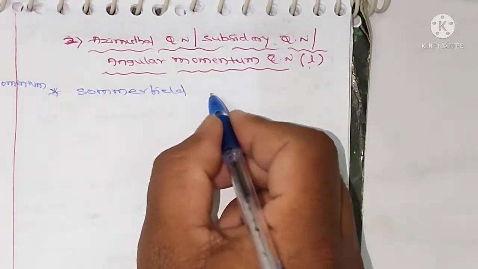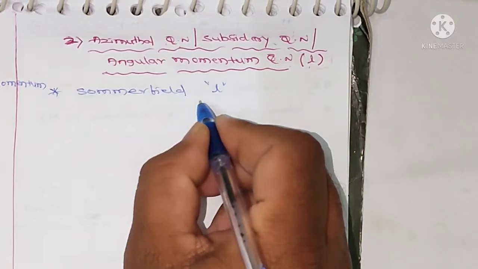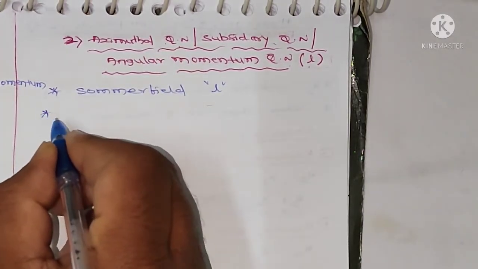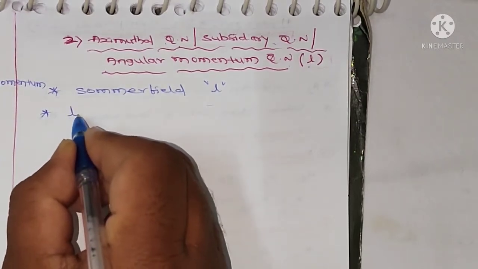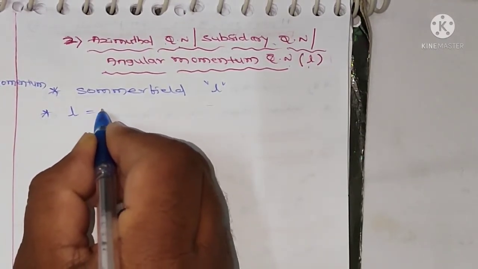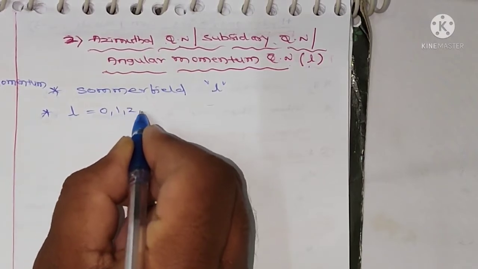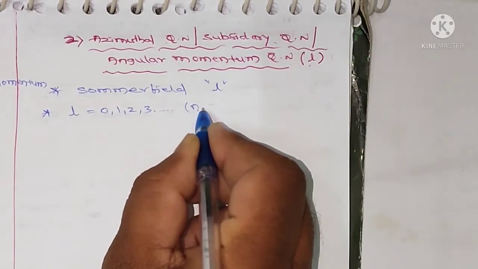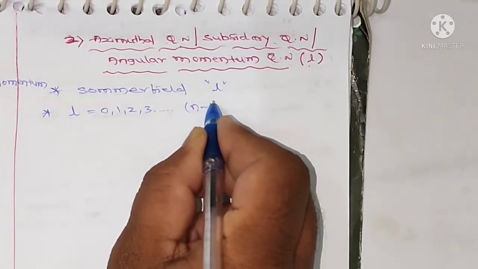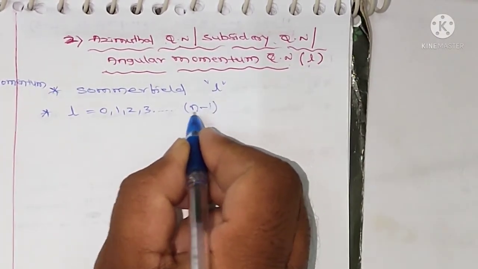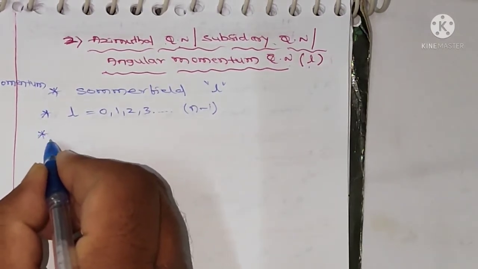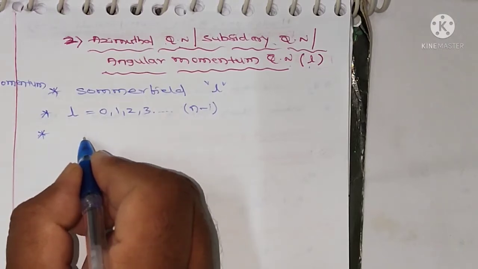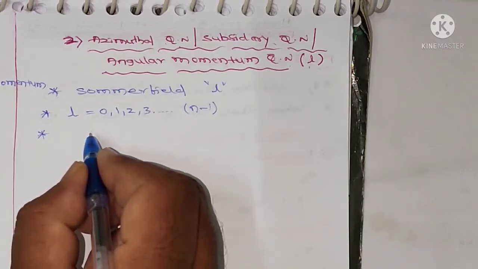The values of l are 0, 1, 2, 3 and so on up to n minus 1, and it determines the number of subshells or orbitals.